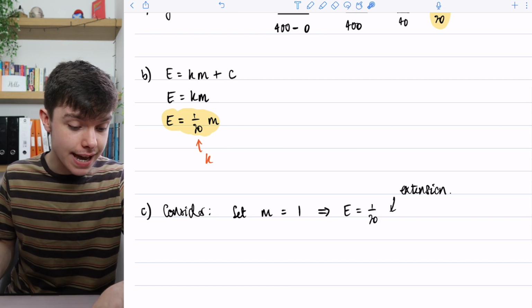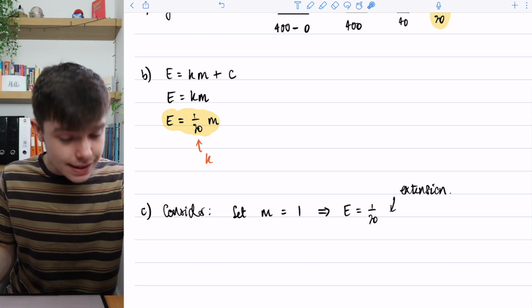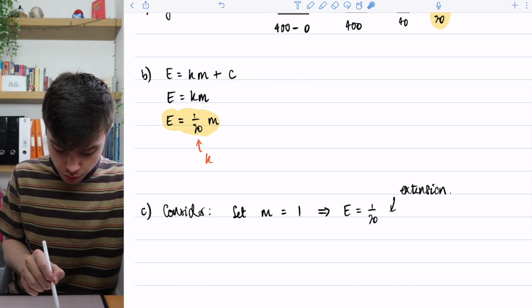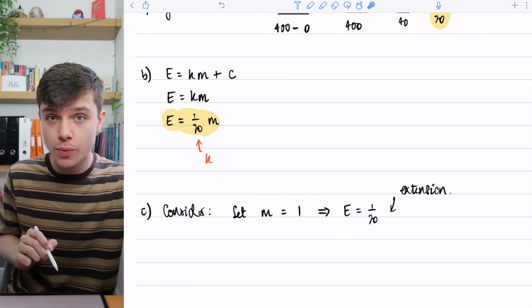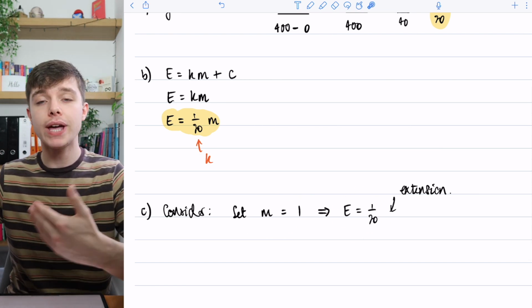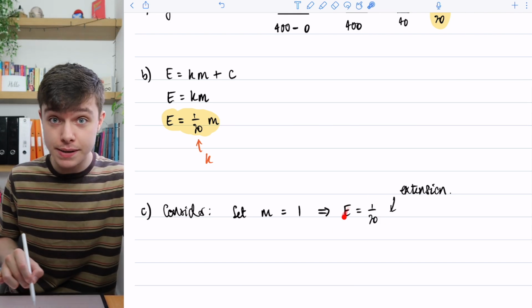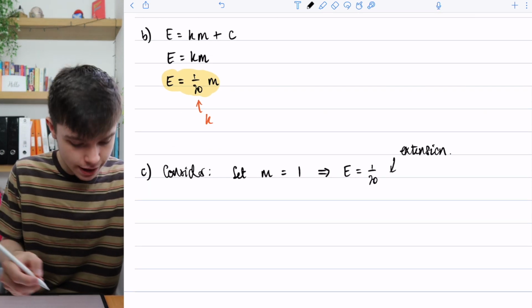And the book says here, K represents the increase in extension in centimetres when the mass increases by 1 gram. Because if we set the mass to be 1, we've got an extension of 1 over 20. So every time we increase by 1 gram, the extension increases by 1 over 20 centimetres. So I'll just copy from the book.